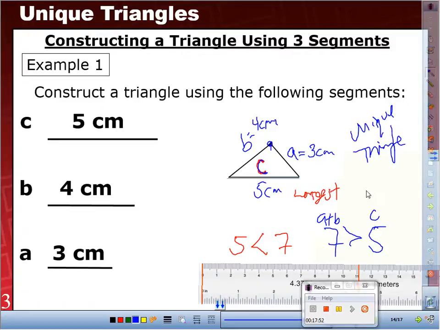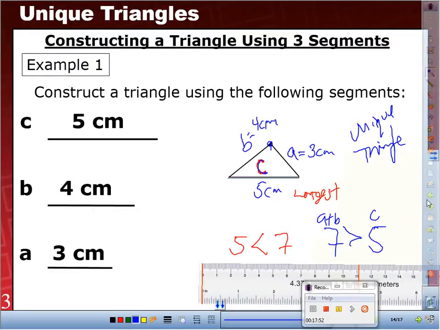So, with that said, look up, please. Let's come to a conclusion. We found out that we were able to make a triangle, for example 1, and we saw that A plus B was 7, and C was 5, and 7 was greater than 5.